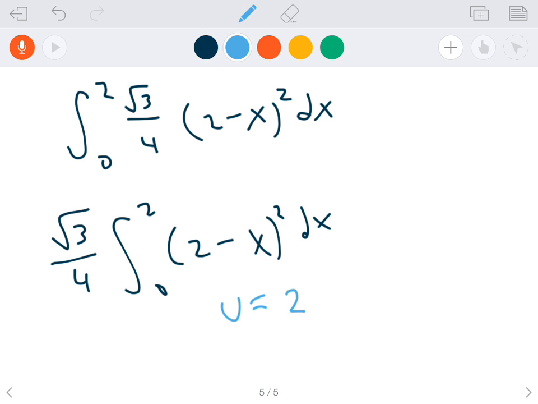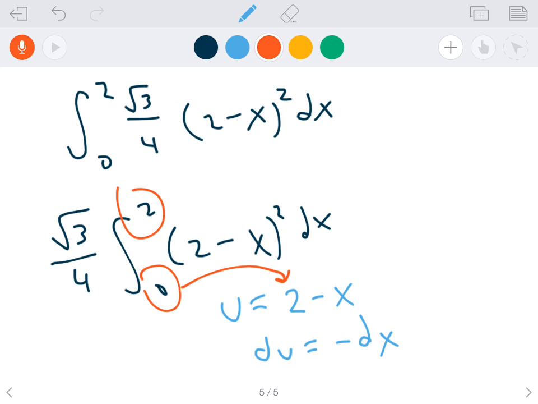So I'll say u is 2 minus x, du is negative dx. And so when I rewrite that, I'm going to change my limits of integration. When I plug 0 in for x, I will get 2. And when I plug 2 in, I will get 0. That'll make my life a little easier later on.